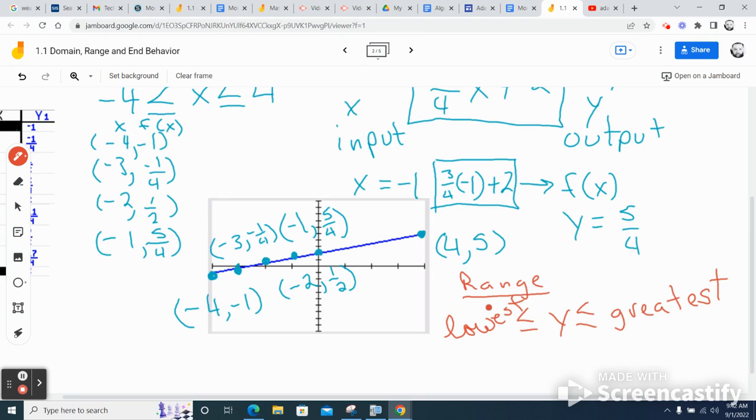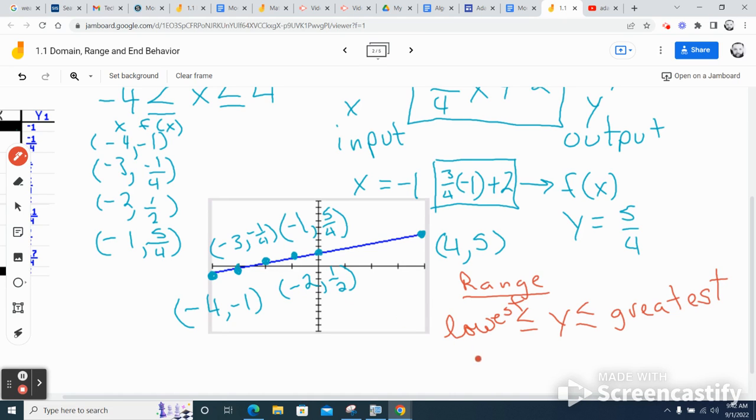What's the lowest part of the graph? -1. You guys see that? So if I look at the graph visually, the furthest point down is -1. But also, if you look at the table of values, what is the lowest y value? -1, right? Okay, good. So then we're almost done.